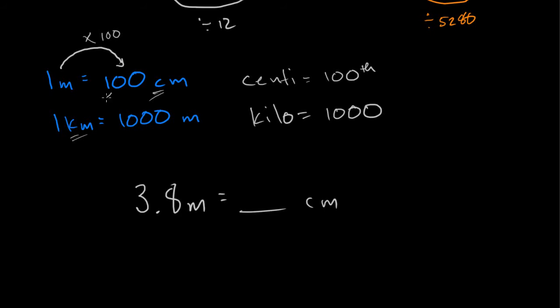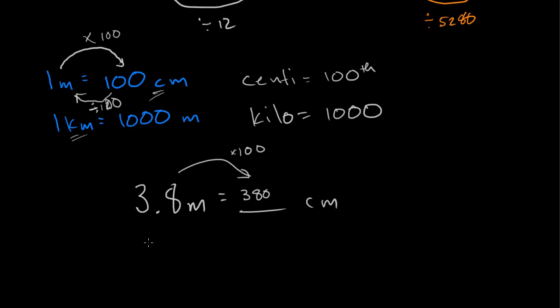To go back the other way from centimeters to meters, dividing by 100. In this case, to convert from meters to centimeters, I'm multiplying by 100. 3.8 times 100 is, whoops, 380.